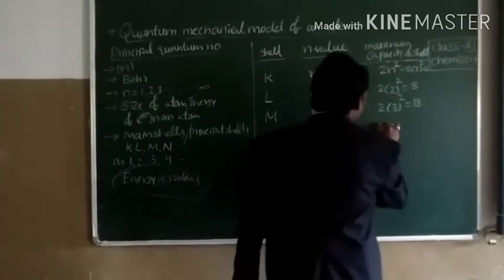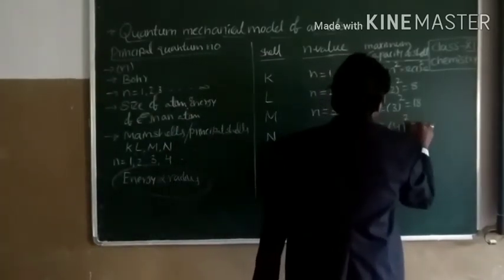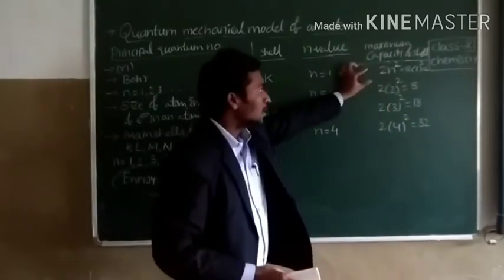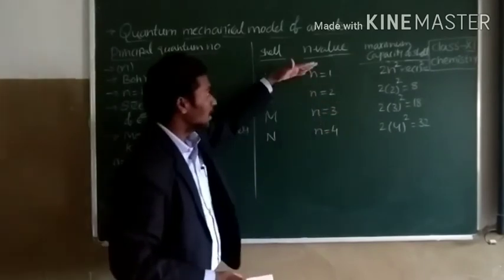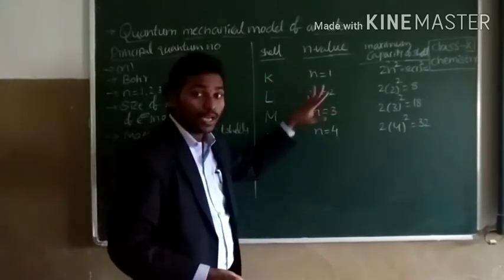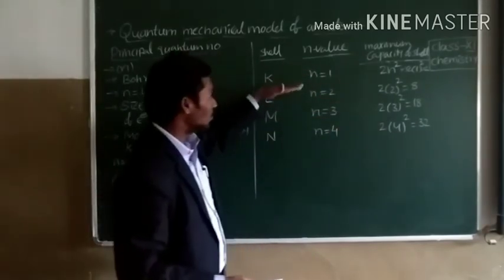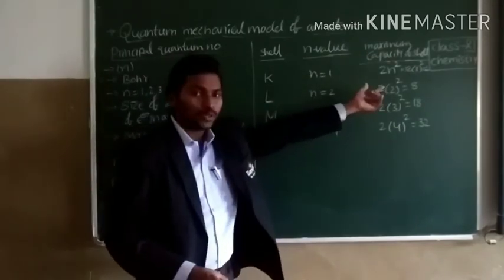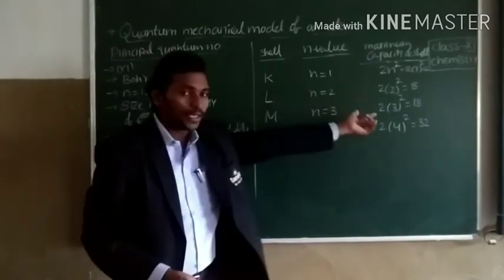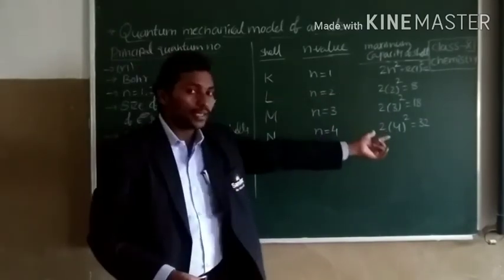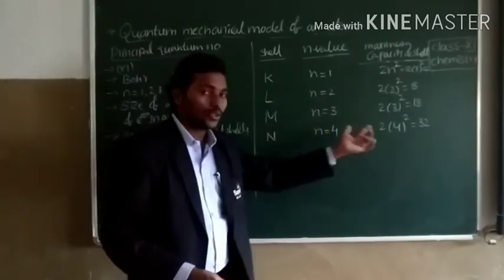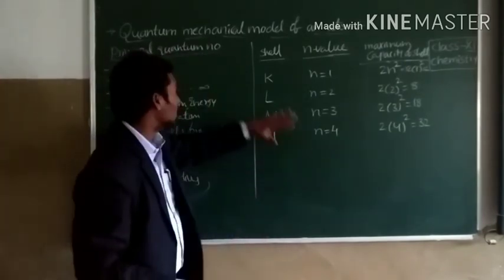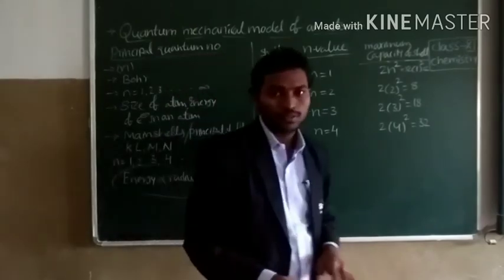Capacity of N shell, 2 into 4 square is equal to 32. So by 2n square formula, we can find out number of electrons in a given principal shell. In K shell, we can accommodate 2 electrons. L shell, 8 electrons. M shell, 18 electrons. N shell, 32 electrons. So this information we can get from principal quantum number.